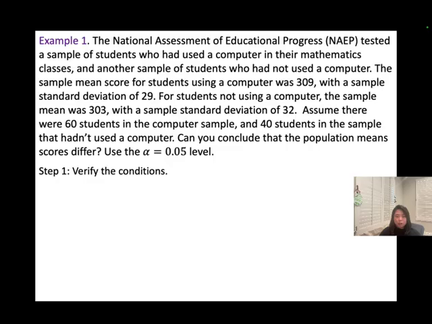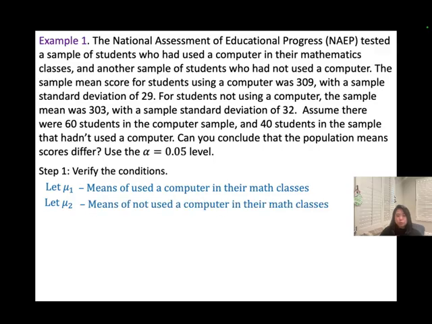Before we verify the conditions, when you have two populations, you want to state which one is going to be your population 1 and which one is going to be your population 2. And then they're given the sample mean and sample standard deviation, so you know that you're working on the population means. So I'm going to let mean 1 be use a computer in their math class, and mean 2 be not use a computer in their math class.